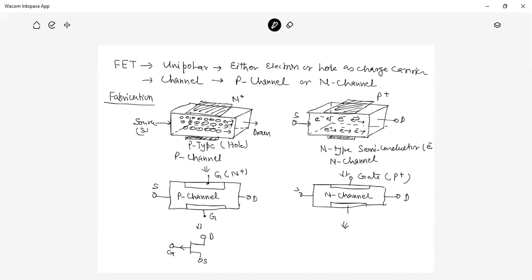So the gate terminal is taken away. In this case, this is your drain, this is source, and here it is gate. So for N channel, the arrow is made in this way, at the junction.